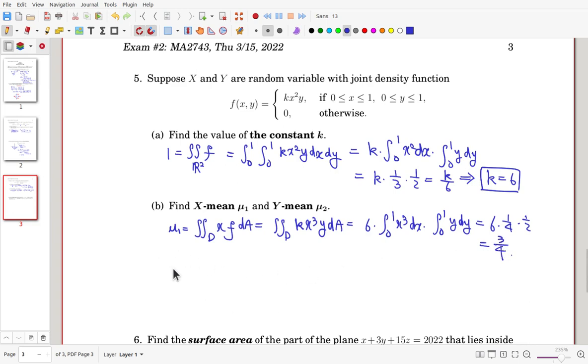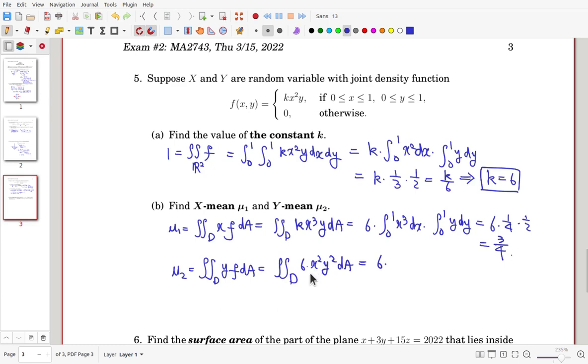Okay. How about mu2? It's defined to be the integral over D of y times f dA, which is the double integral over D of k is 6, x squared, y squared, dA. So it is 6, and again separable.